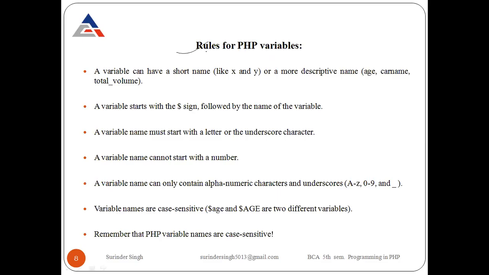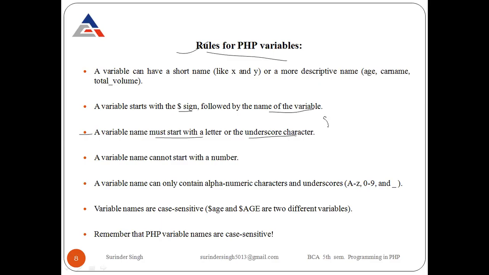Next, there are some rules we have already seen in the previous lecture. A variable starts with the dollar sign followed by the name of the variable. A variable name must start with a letter or underscore.